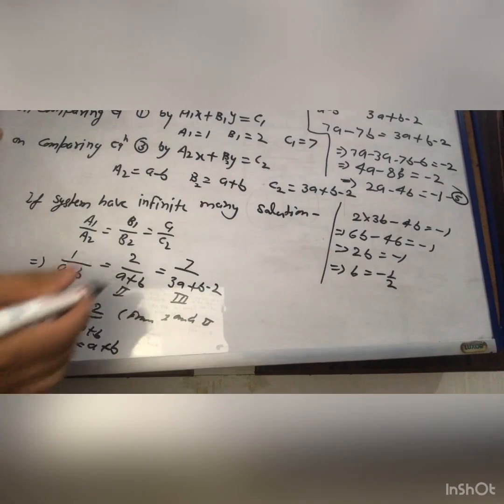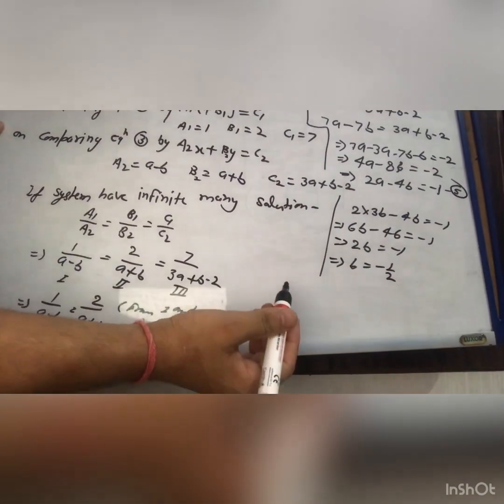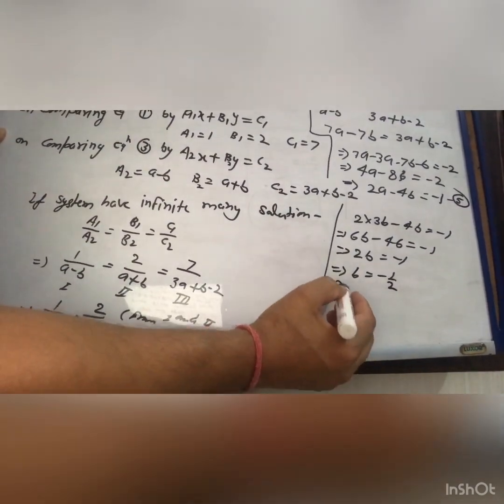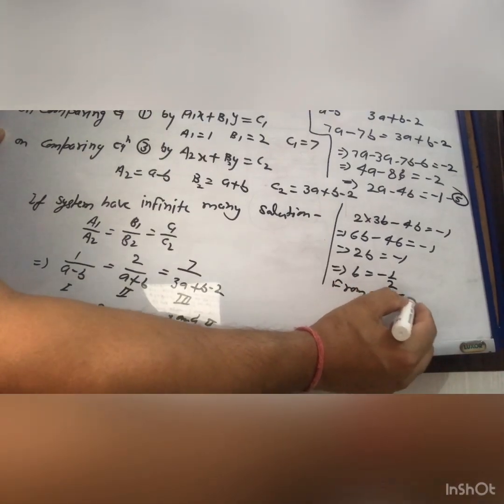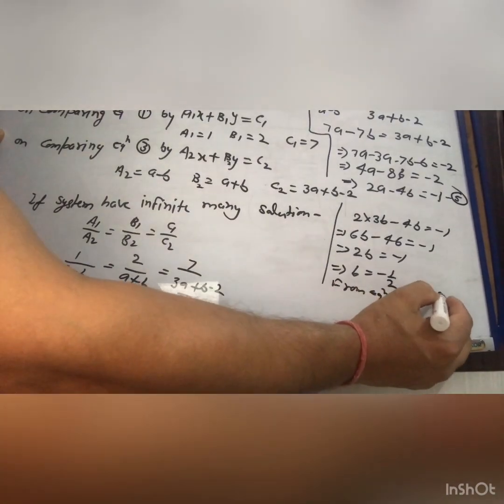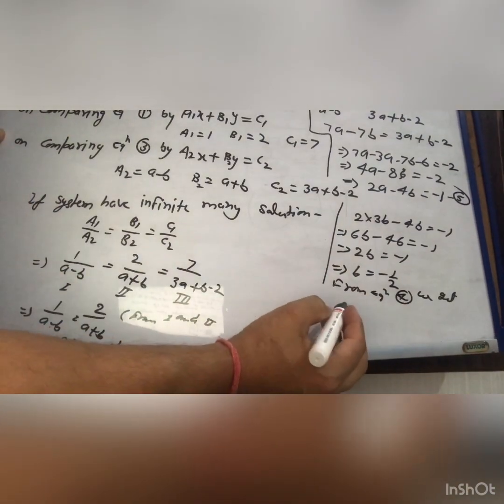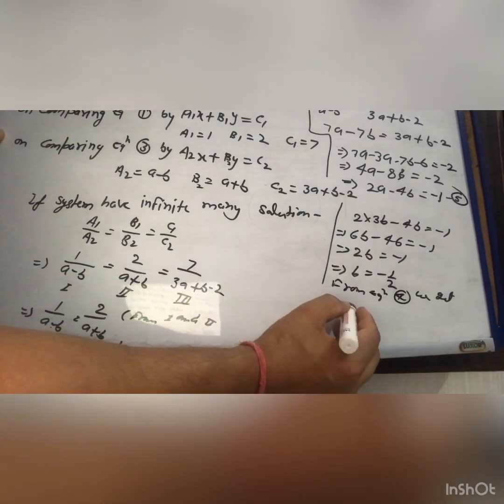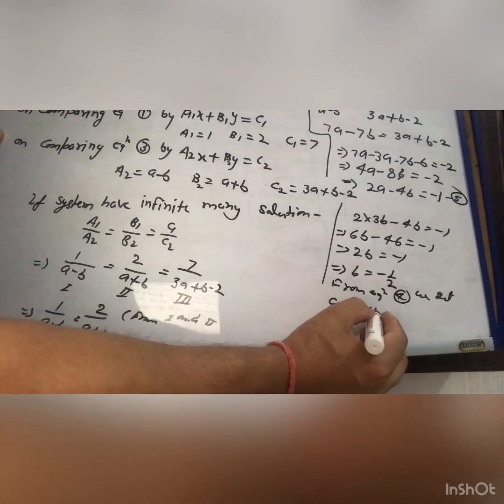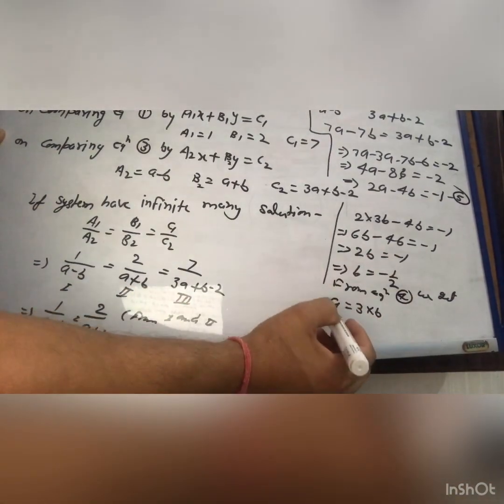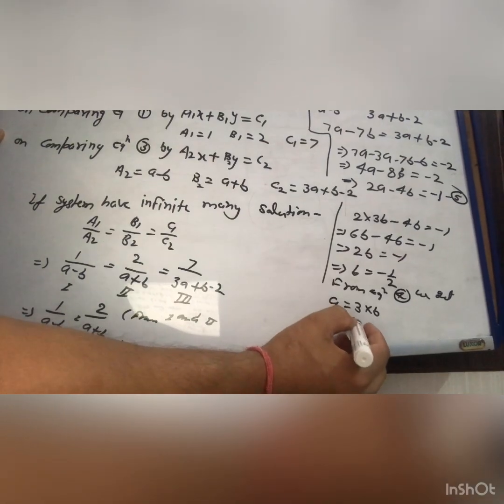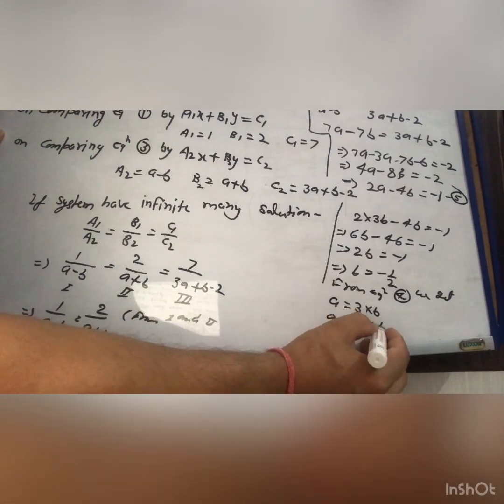Now from equation 4, we get a equal to 3b, that is 3 into b, and b we have already found as minus 1 by 2, so a equal to 3 into minus 1 by 2.